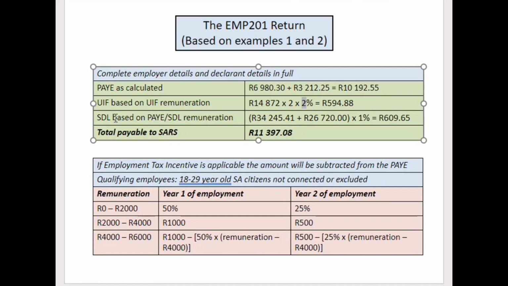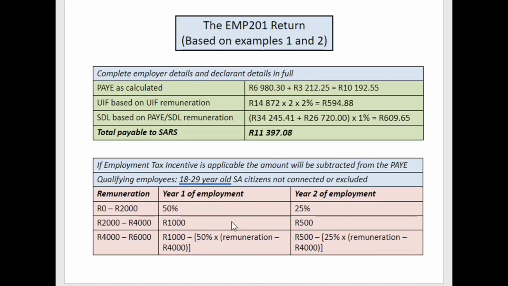And then the skills development levy is just the pay as you earn remuneration that we've calculated multiplied by 1%. Is it always like that? Well, until they change the law, SDL is always 1% and UIF is always 2%. When you do payroll, the pay as you earn payroll, not the payroll accounting and how it is recorded in the ledgers, then you will understand a bit more what's happening. But for now, that's all you need to know.